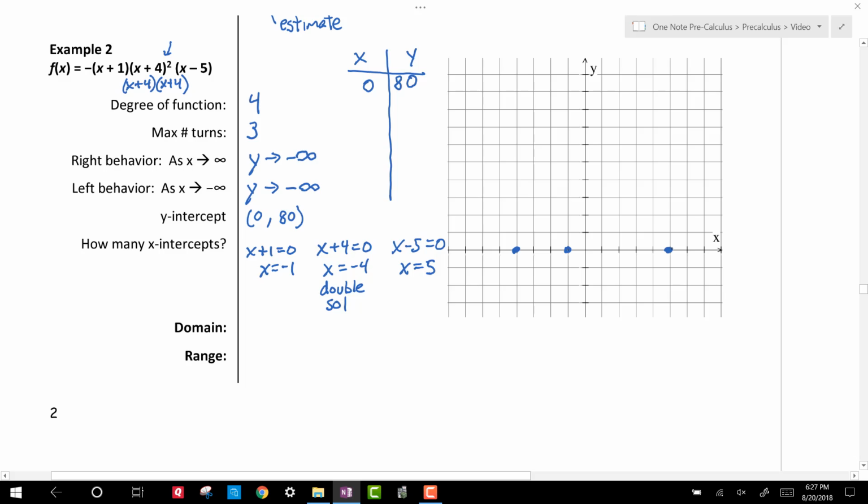Now, before I graph that, I'm actually going to do a t-table because I don't know how much higher I'm going to need to go. So I might choose a point. Well, I'm going to get 0 out of there in a minute. So I've already got 0, 80. I'm going to do another one at -2. So if I did -2, that gives me a value between these 2 intercepts over here on the left.